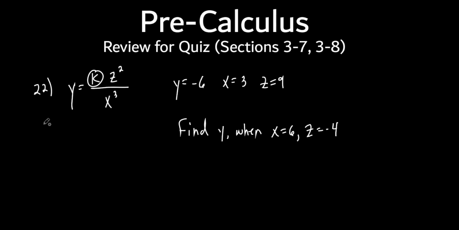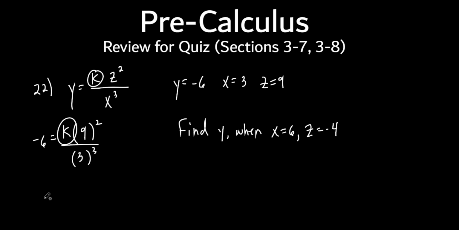So y is -6 equals k. We don't know what it is, so we're trying to find it first. And then z squared, so z is 9. We square that. And then x, which is 3, and we cube that. So again, what are we trying to do? We're using all that information to solve for the constant, solve for k.